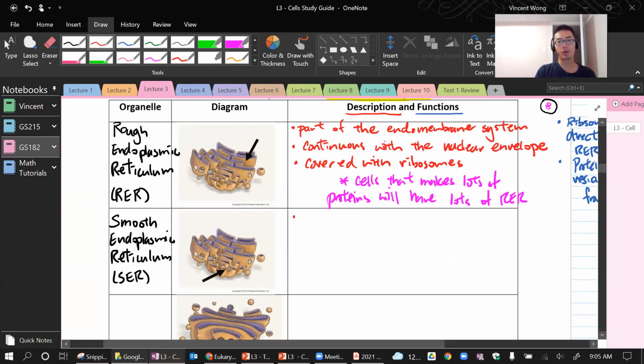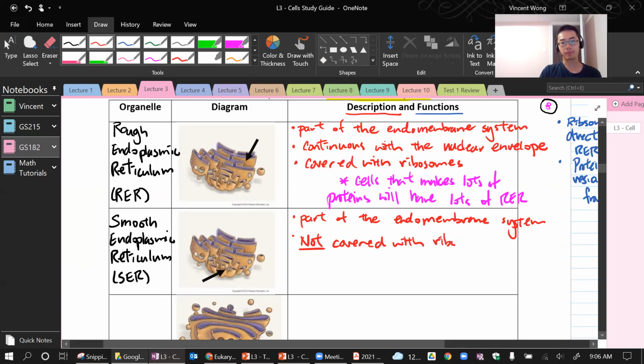It is also part of the endomembrane system. They all are, so I don't really have to write this every time for this chart, but let's just do it. And they are not covered with ribosomes.